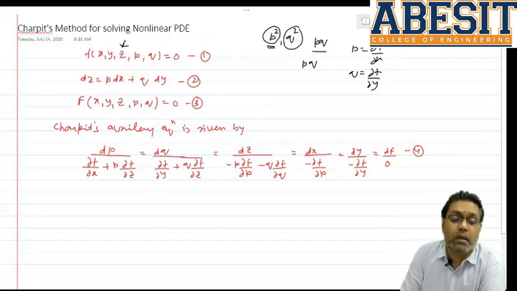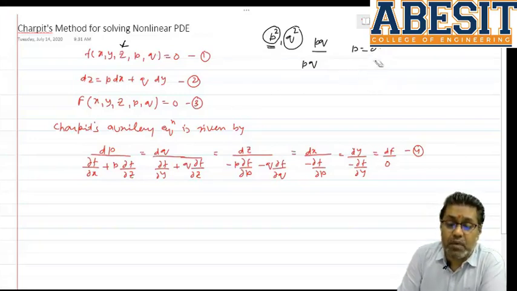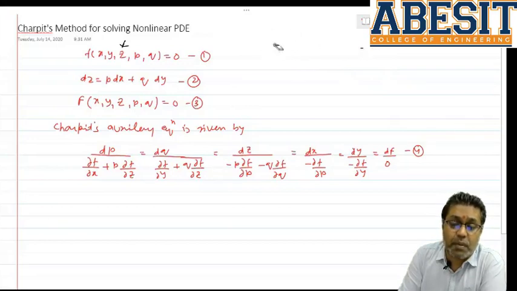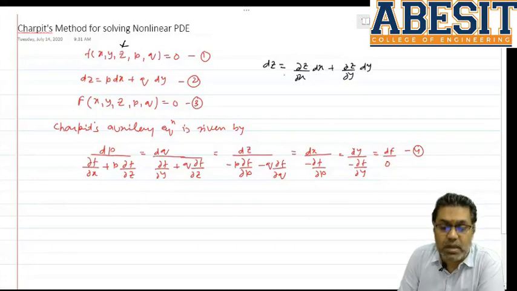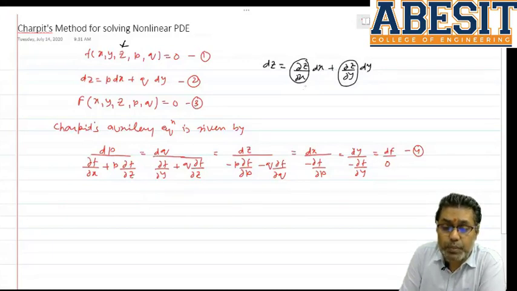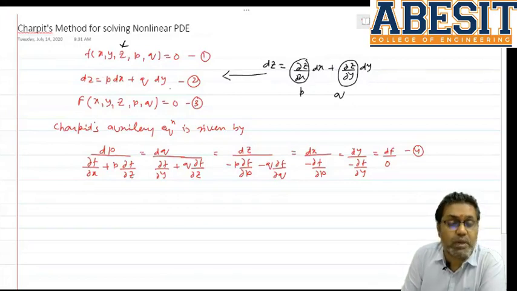Again, with the help of the total derivative we know this relation number 2, if you remember from your previous semester classes: dz = del z upon del x dx + del z upon del y dy. This is the total derivative. This is nothing but p and this is q. So the equation becomes dz = p dx + q dy.